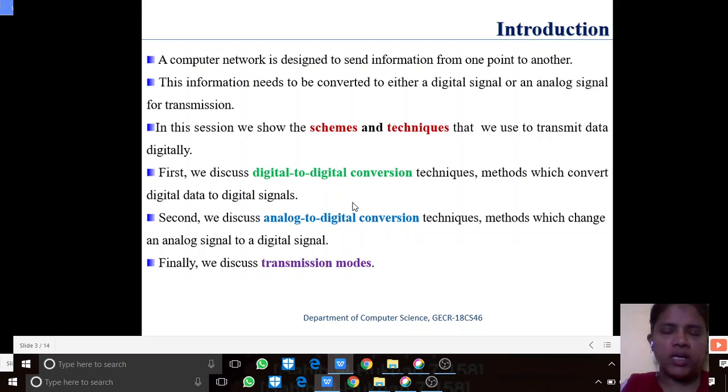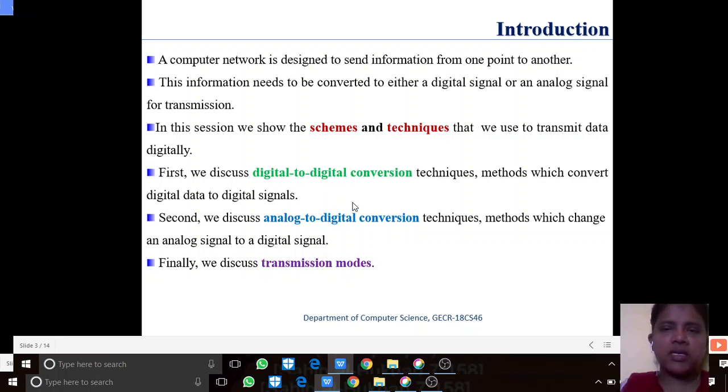This information needs to be converted either to digital signal or analog signal for transmission. In this session, I'll be showing you the schemes and techniques used to transmit data digitally.